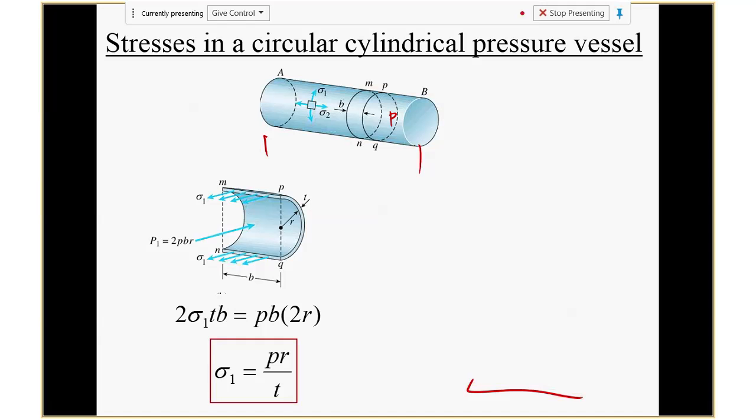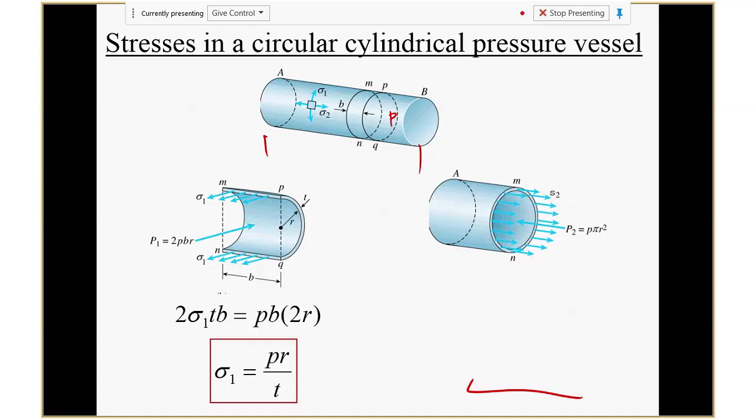How can we find the stress in the longitudinal direction? The same way: you cut at the end, look at the end plate, and cut it there. The summation of the force from this stress should equal the pressure-generated force on the end plate, which is P times pi r squared.